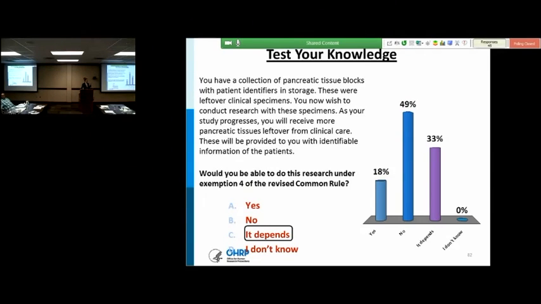However, just because that information is available, if you do not record that as part of your data set that you're moving forward with, then you could use this exemption for this study. And also, as we discussed previously, because the samples continue coming in throughout the course of the study, that wouldn't have been eligible for this exemption before, but under the Revised Common Rule, it would be.